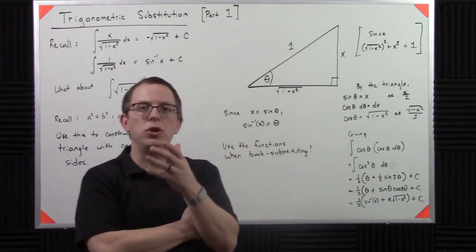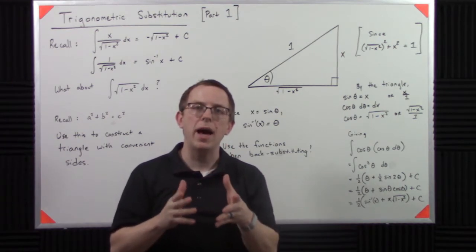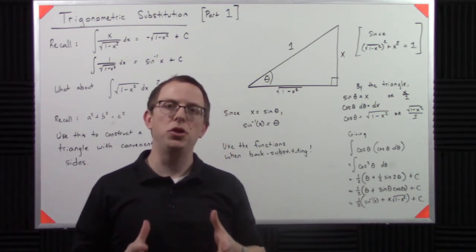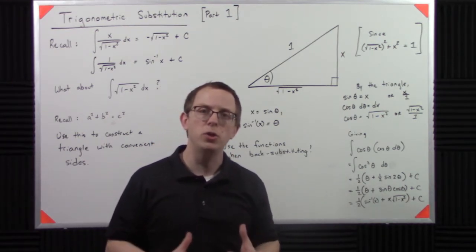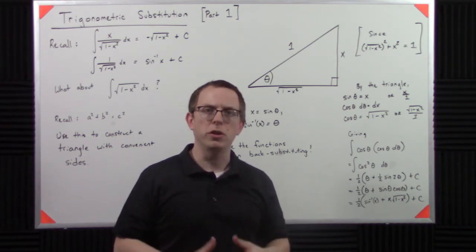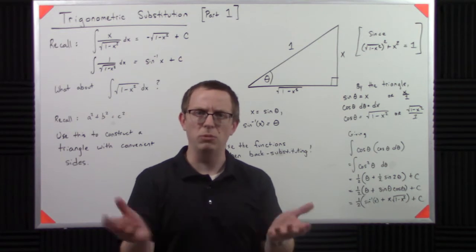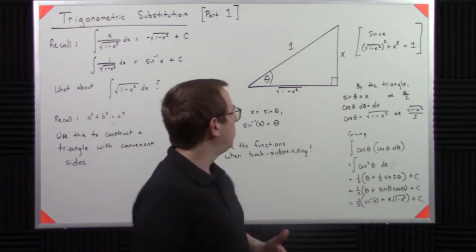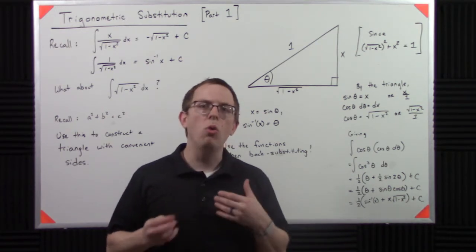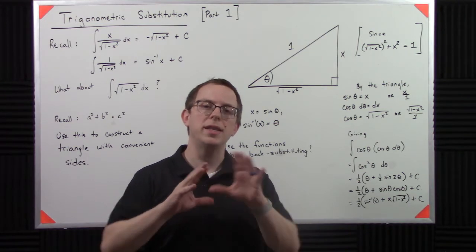But now that we have this triangle, we can represent substitutions this way. I know this is really strange because you've probably thought to yourself, usually I just say u equals something or t equals something and I'm done. And now I've got this triangle, but all we're trying to do is set up a relationship.